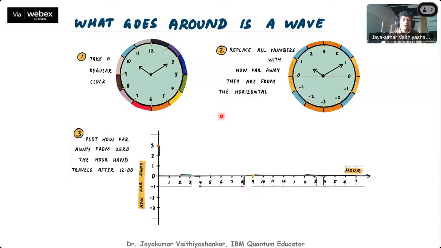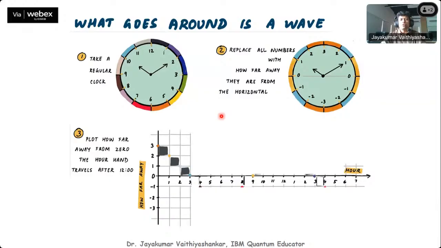The y-axis shows how far it is from the x-axis, and the x-axis shows the hour. Take an example of 1 o'clock. What is the position of 1 o'clock? 2 units.